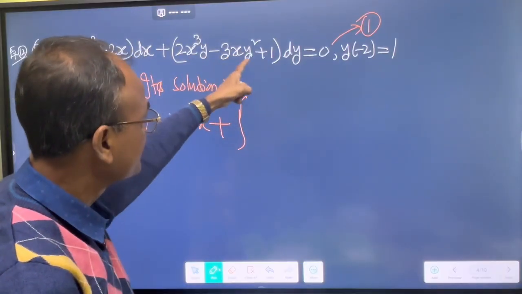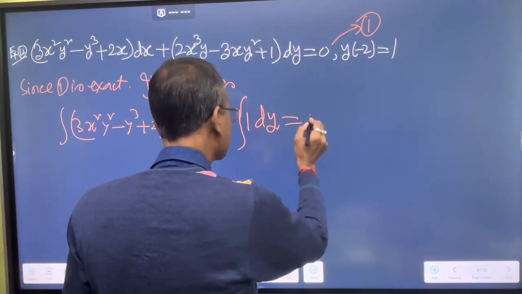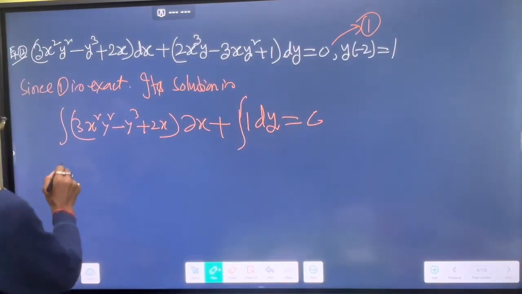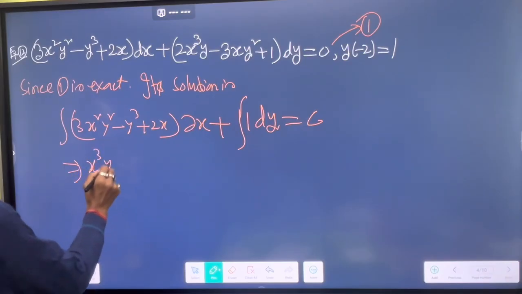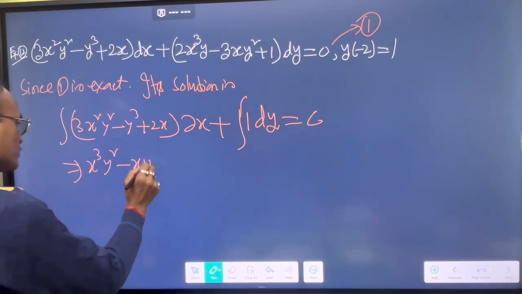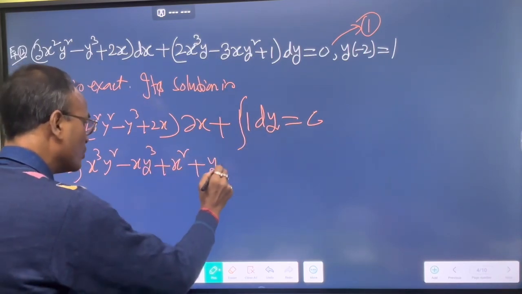This contains x, so only 1 dy, equal to constant. This means with respect to x, it will be x cube y square minus x y cube plus x square, and from this y equals c.